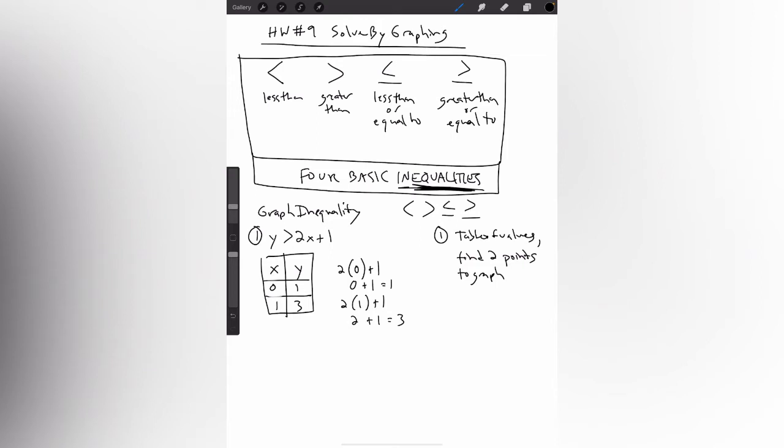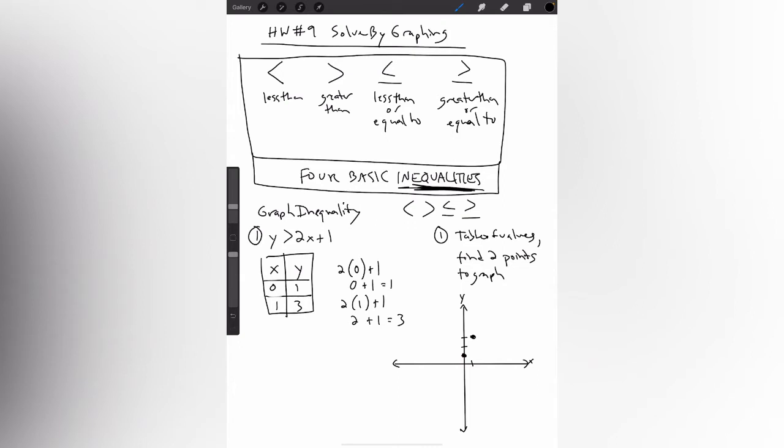So I'm going to graph this. I'm going to create my coordinate plane. This is my y-axis, and this is going to be my x-axis. My 2 points are going to be 0, 1, and then also 1, 3. 1, 2, 3.